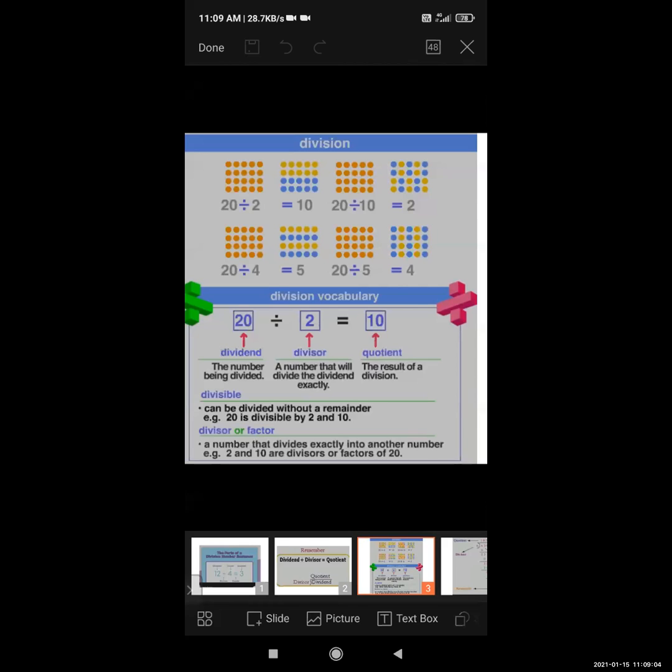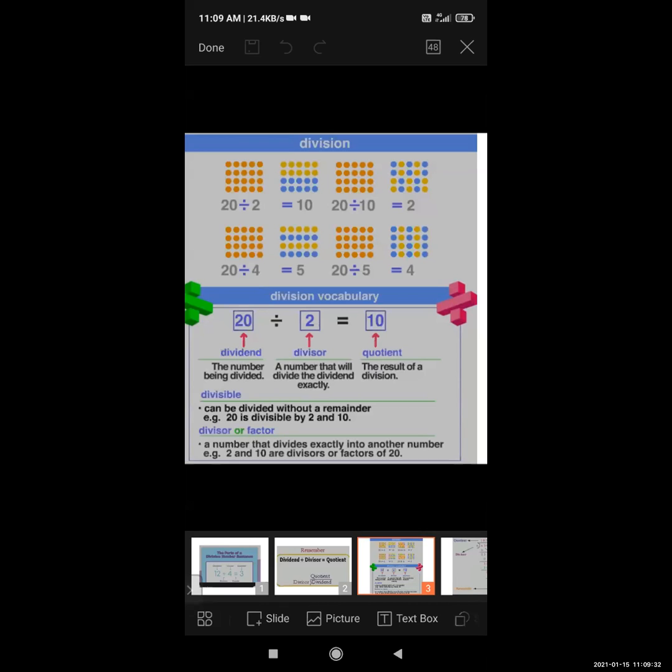Now two types of sums are given here. 20 divided by 2: your answer is what? 10, right? In the table of 10, 20 is on number 2. But the other type is 20 divided by 10. In the table of 10, 20 is on which number? Number 2.